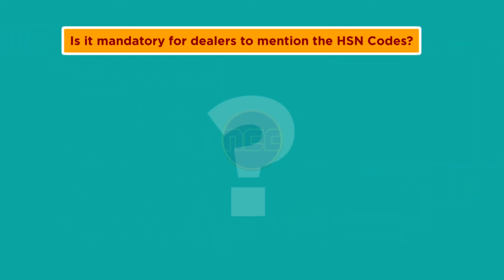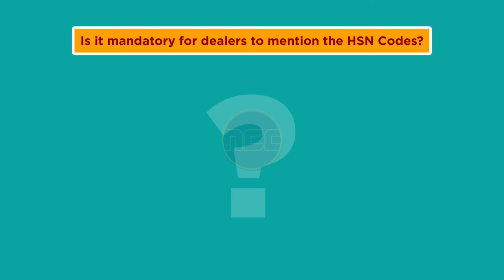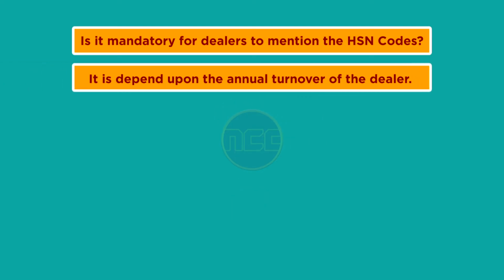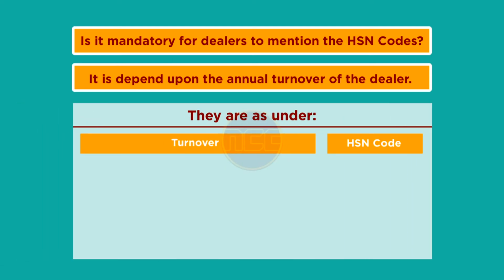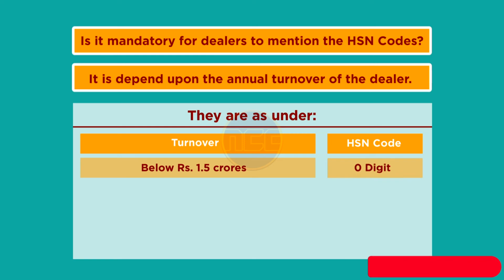Is it mandatory for dealers to mention the HSN codes? It depends upon the annual turnover of the dealer. They are as under. If turnover is below rupees 1.5 crores, then that trader need not use any digits.